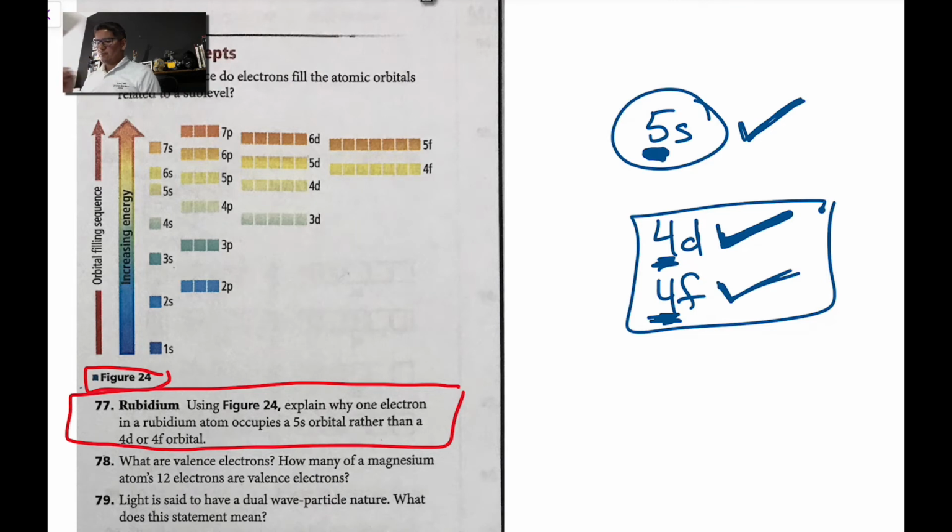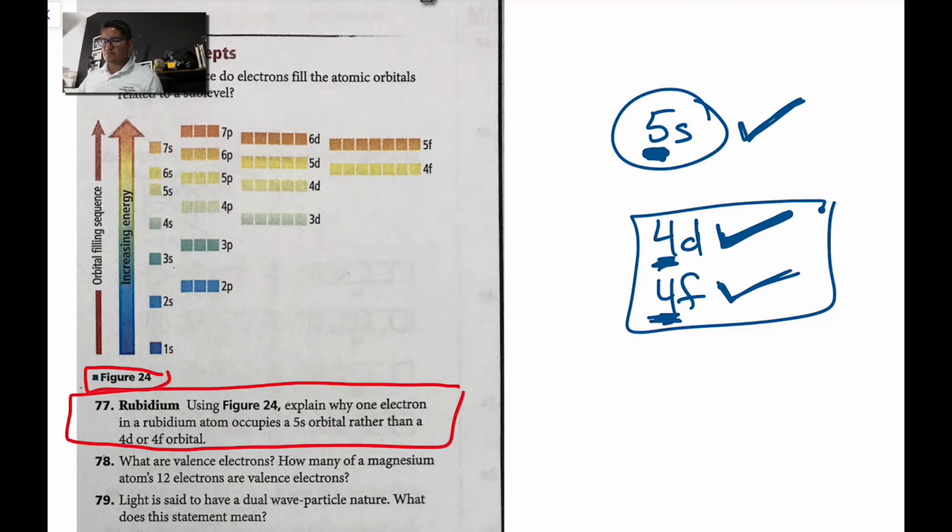Okay? If you remember, when you were looking at the periodic table and we were talking about how you fill in the electrons, the D block goes up one and the F block goes up two. Remember, I have a video on that also when you look at the lecture for electron configuration.